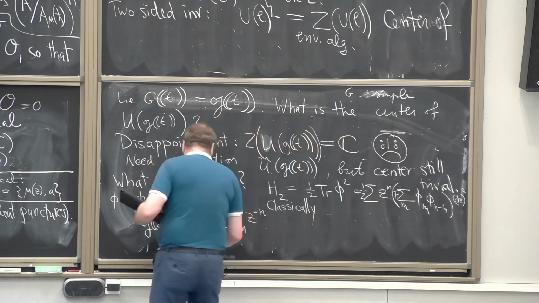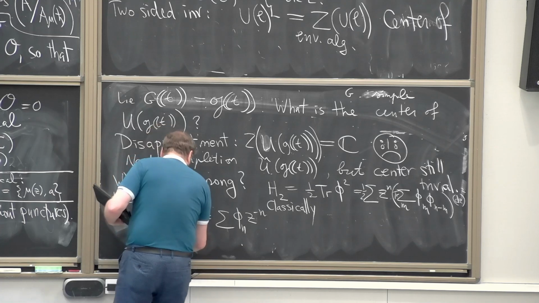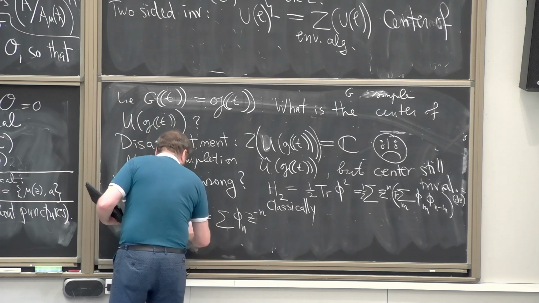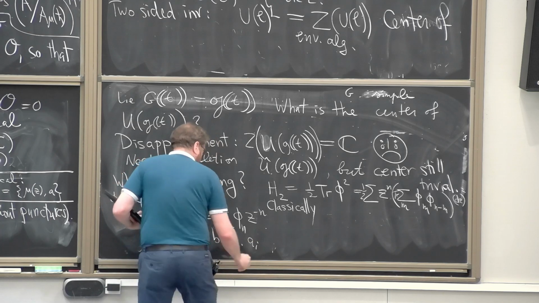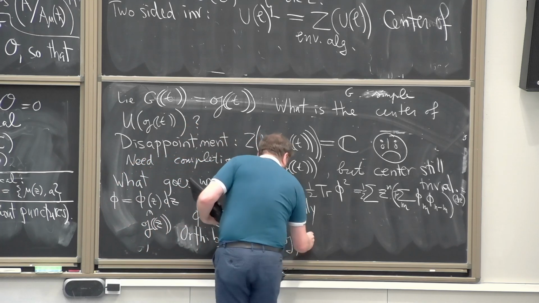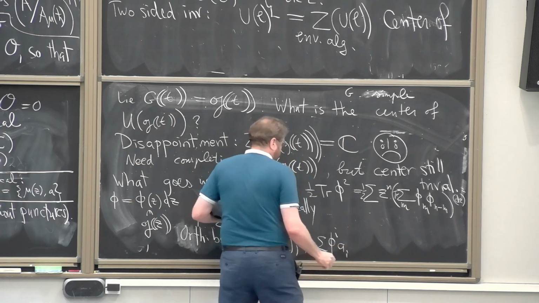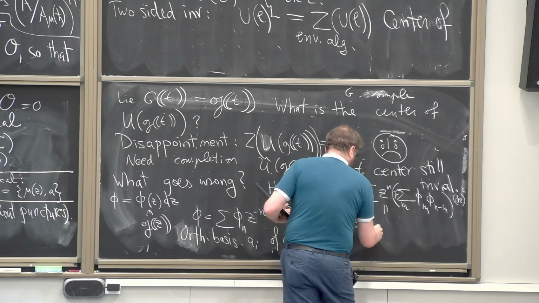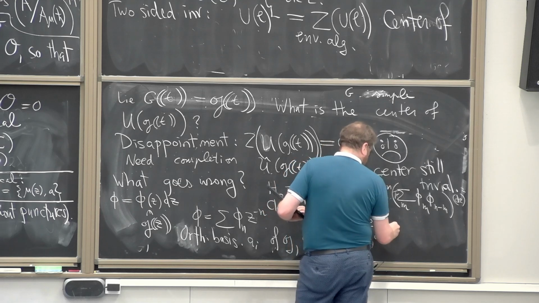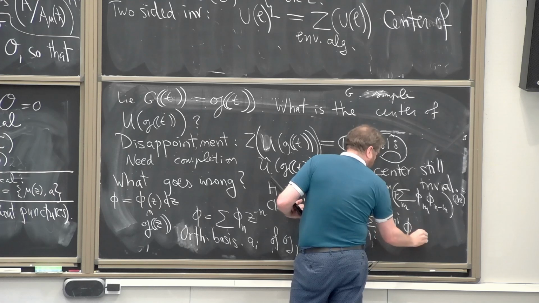So suppose we have an orthonormal basis a_i of g, and phi is the summation of phi_i times a_i. Then this is just 1/2 times the sum over n of z to the n and over i, phi_m^i times phi_{n-m}^i.